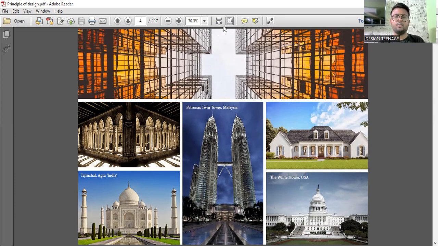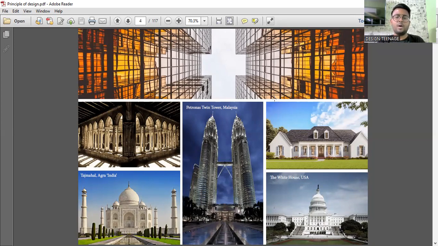The first one has a vertical axis running through it, and hence it is quite a mirror image. In the Petronas Twin Towers, the weightage of the picture remains the same, and the Taj Mahal in Agra and the White House too. All of these have equal weightage, and they are geometrically symmetric, hence it looks like a mirror image.